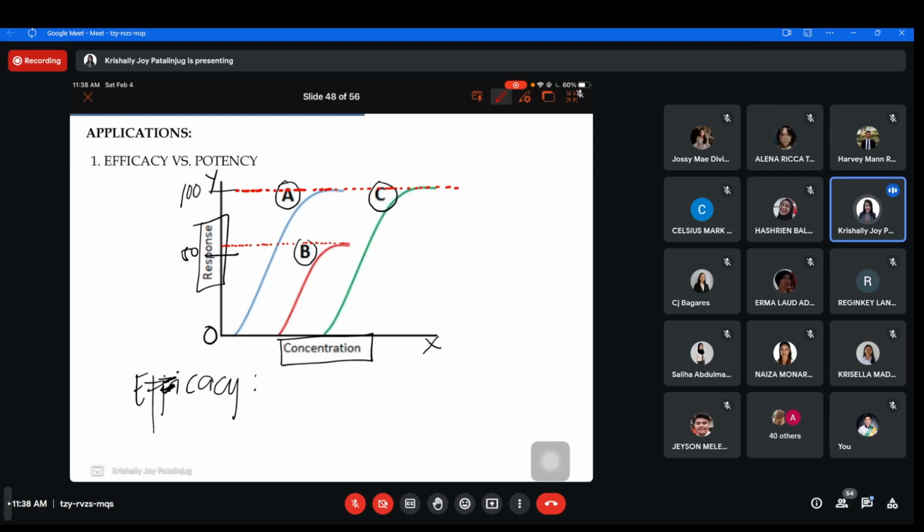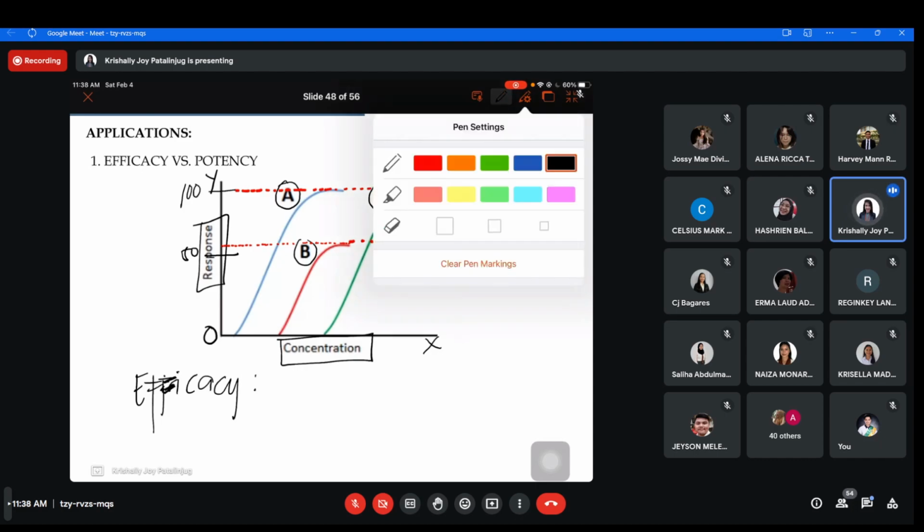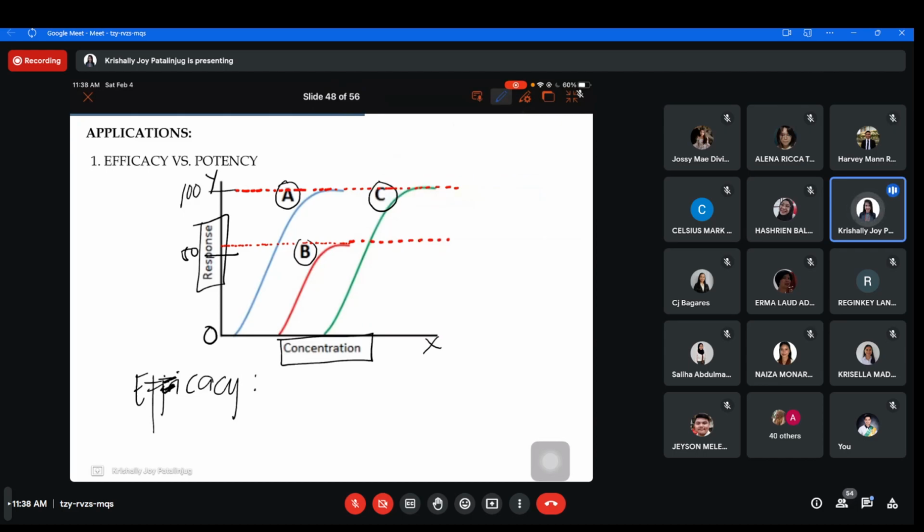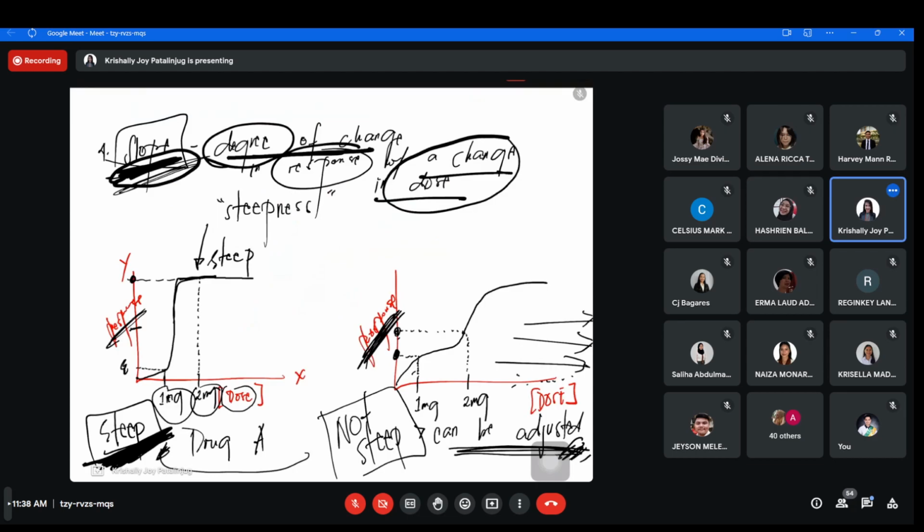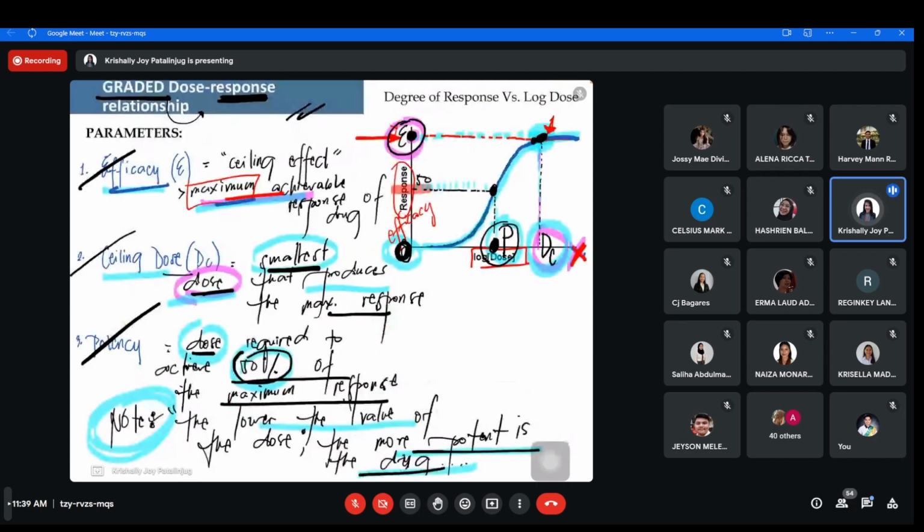Efficacy is the maximum achievable response. Yan naman yung drug B. So, i-label ko ha para hindi mawala. Again, ito yung efficacy. E for efficacy. Maximum achievable response of a drug. Ayan. Okay?